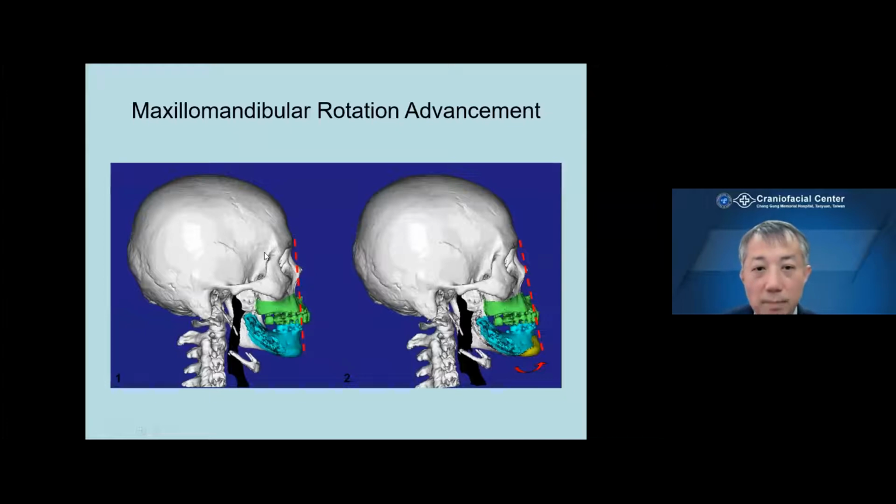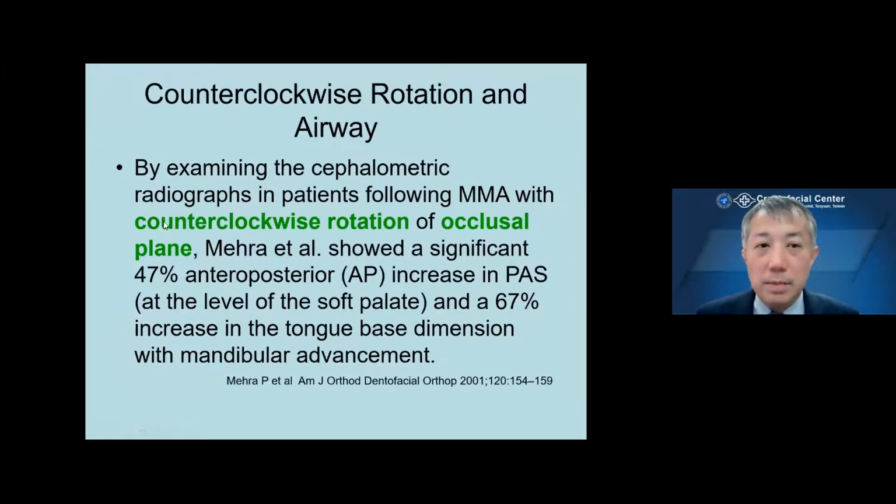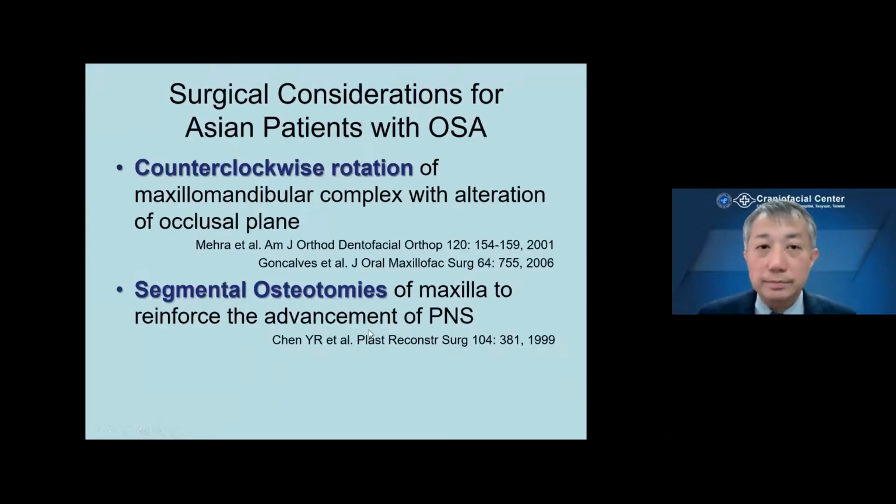We also combine this with a counterclockwise rotation design for the OSA patient to have more advancement, especially of the mandible. By counterclockwise rotation, the airway improvement can be 47 and 67% in the soft palate and retroglossal area.